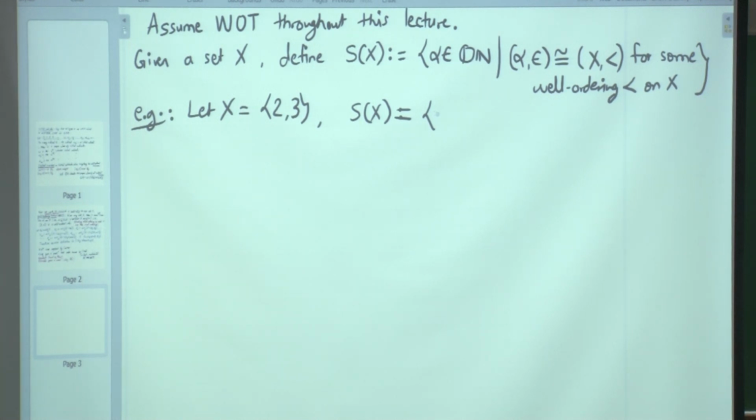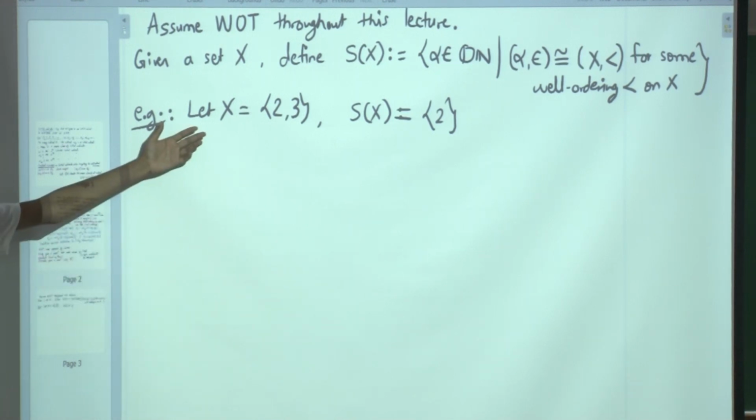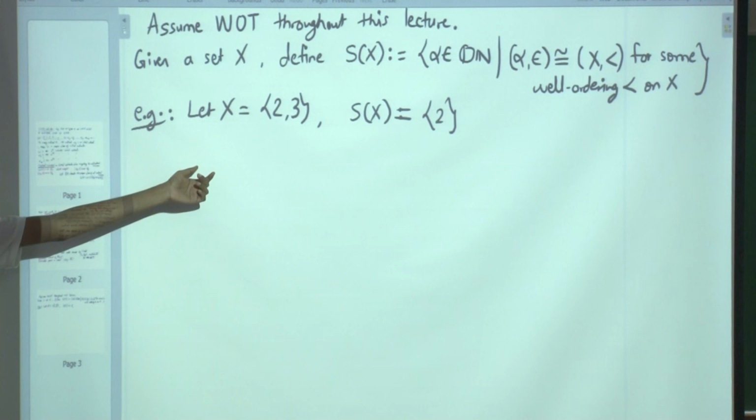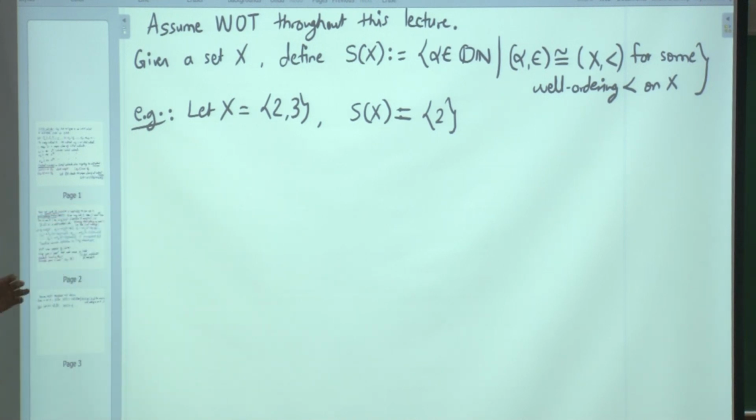Everything which is isomorphic to 2. Oh no, it's an ordinal, it's only 2. How many ordinal numbers can be isomorphic to a well ordering on 2 element set? 1. So therefore only 2. So how can I well order 2 element set? Well, I can declare 2 less than 3.